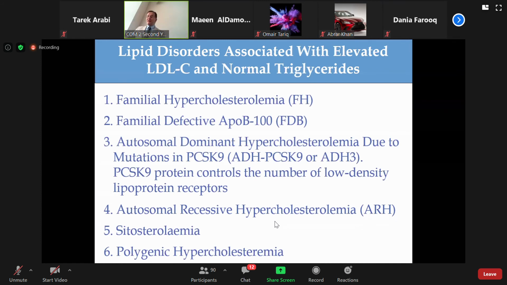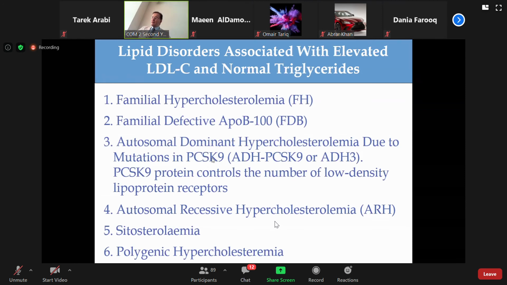If you look into familial defective ApoB100, the same, LDL cholesterol is elevated, normal triglycerides. We have another one, which is the autosomal dominant hypercholesterolemia, which is due to mutations in the gene for PCSK9.